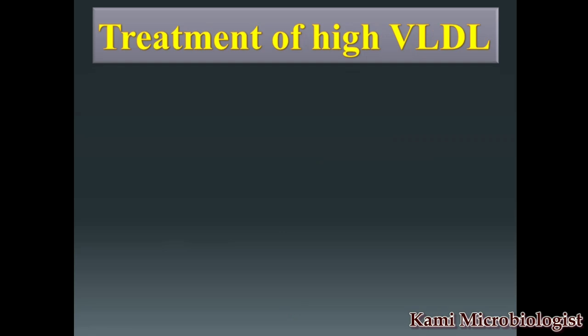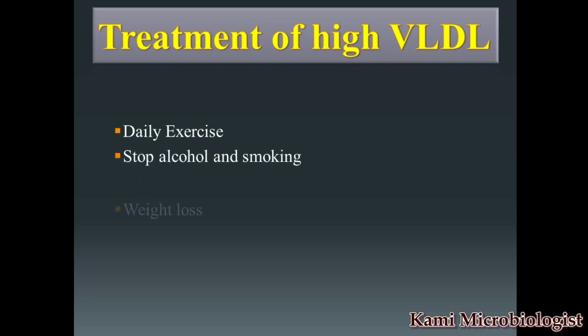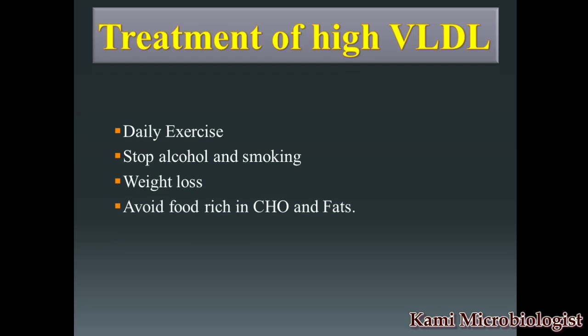If the VLDL ratio gets high in the body, then what will be the treatment? First, you have to do daily exercise, you have to stop alcohol and smoking, you have to lose your weight, and you have to avoid food that contains carbohydrates and fats.